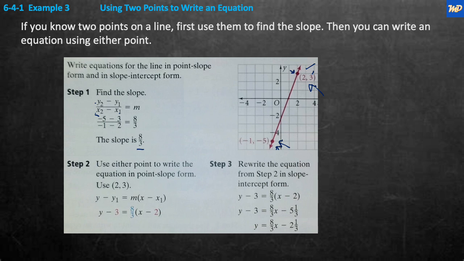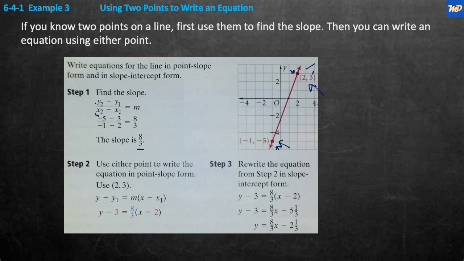We picked the (2, 3) point, so it's y minus 3 equals 8/3 times x minus the x term, 2. And there's our equation, our point slope form.